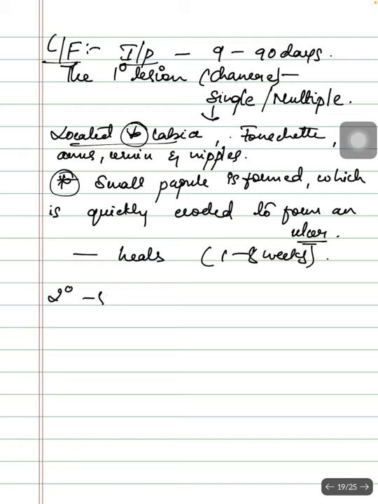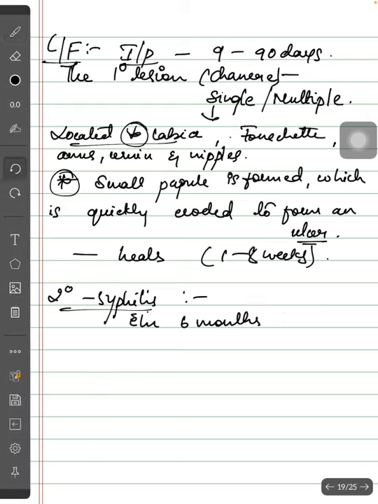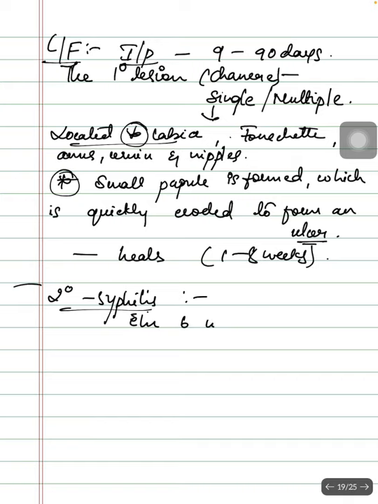Next is secondary syphilis. It occurs within 6 weeks to 6 months from the onset of the primary chancre. Secondary syphilis may be evidenced in the vulva in the form of condylomata.